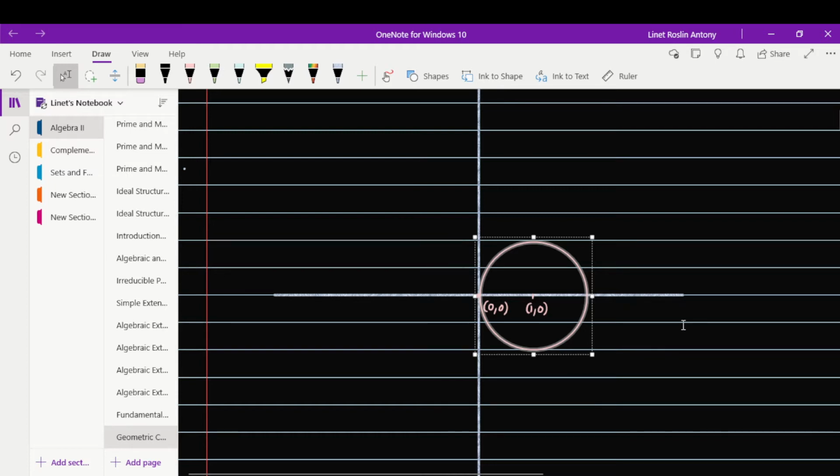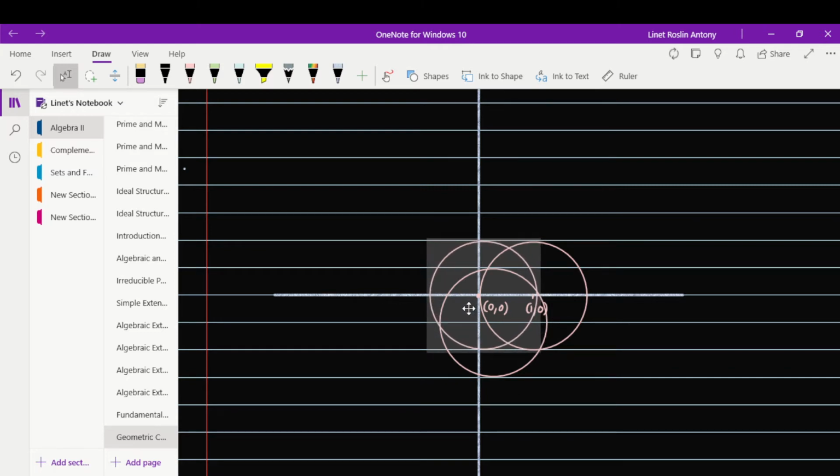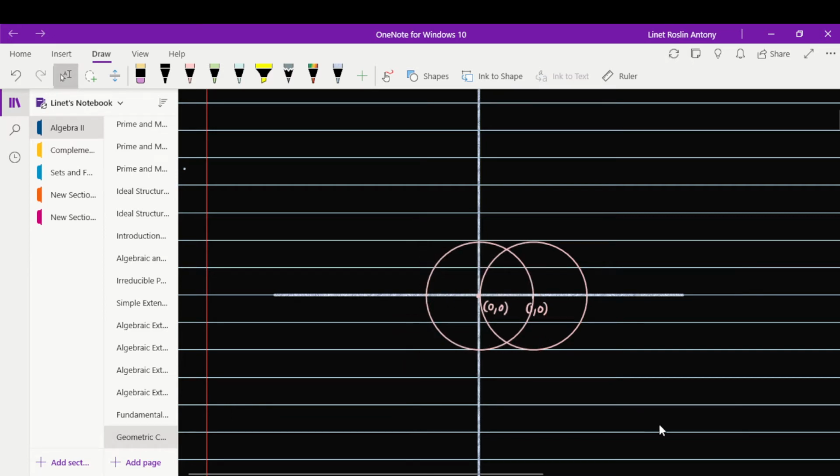We have drawn the circle, and similarly we can use the circle to find where minus 1, 0 will lie. So again use a unit circle, then we can understand that this will be minus 1 comma 0. And this will be definitely 2, 0, right? Ordered pair 2, 0.